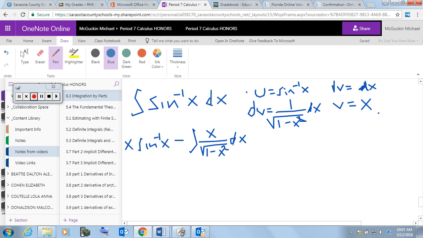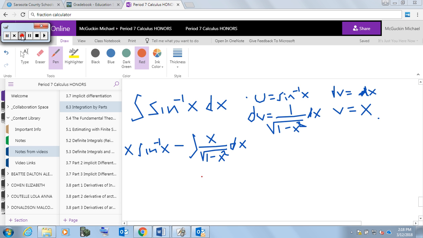But how can we possibly get the integral of x over the square root of 1 minus x squared? Hopefully you're noticing that this is a good opportunity for u substitution.